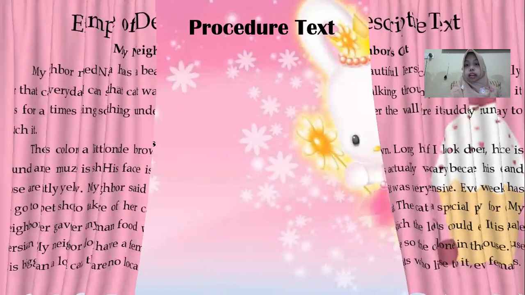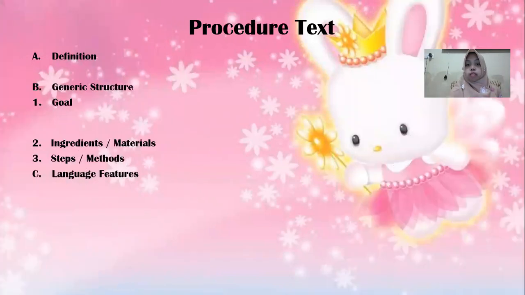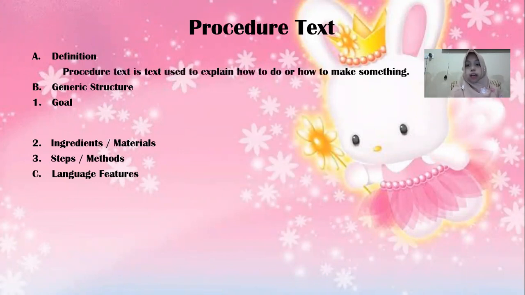Okay, next, move to the next material, procedure text. What is procedure text? Does anybody know? Okay, I will discuss. Procedure text is text used to explain how to do or how to make something.